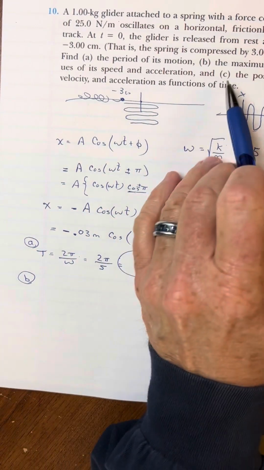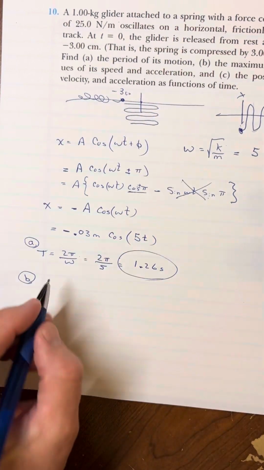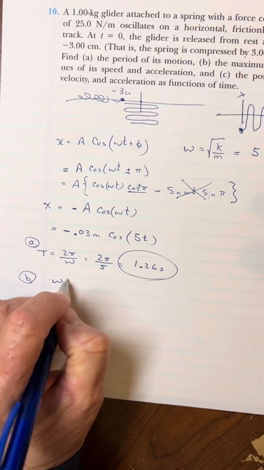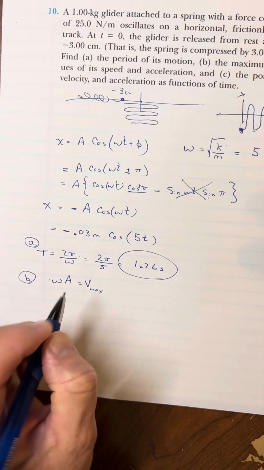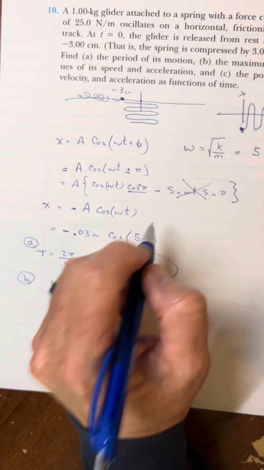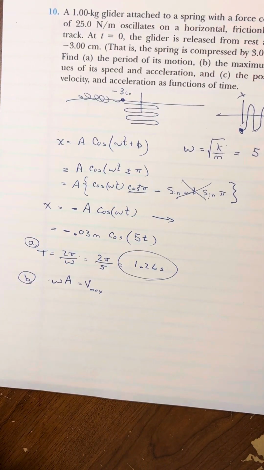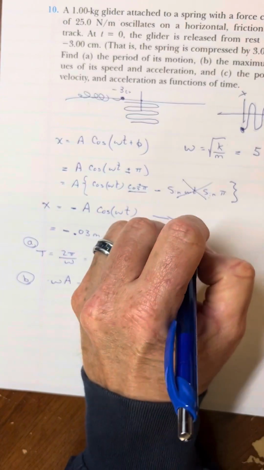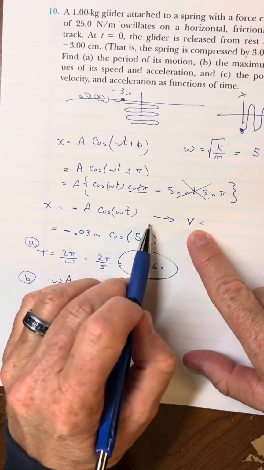B, the maximum value of the speed and acceleration. Well, in our derivation, we got the maximum by taking the derivative of this and looking at the function. In fact, maybe I'll take the derivative. The derivative of position gives me velocity.